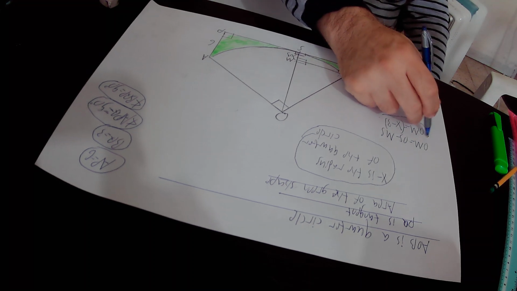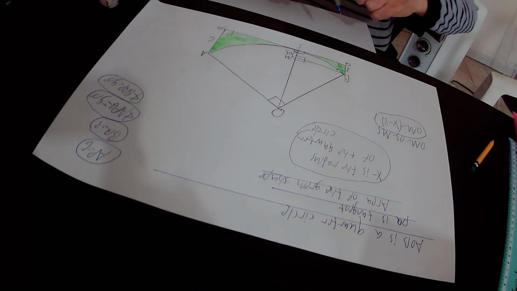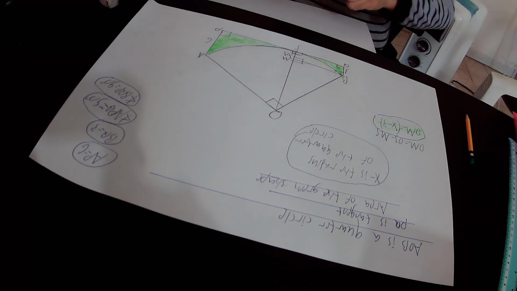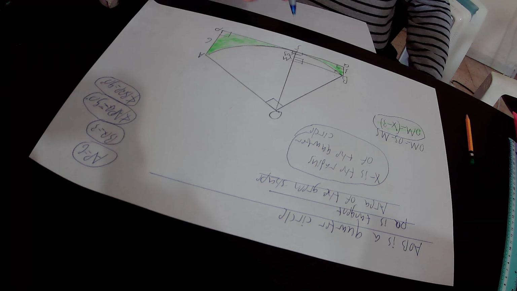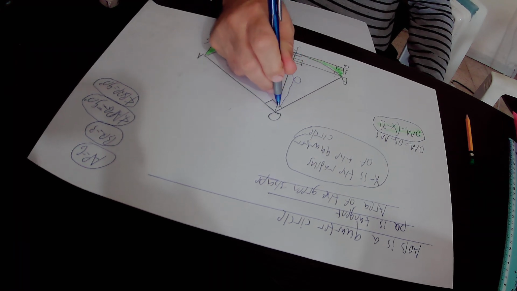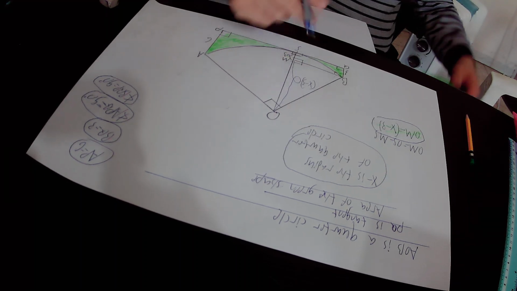So in total, OM equals x minus 3 units in its length.